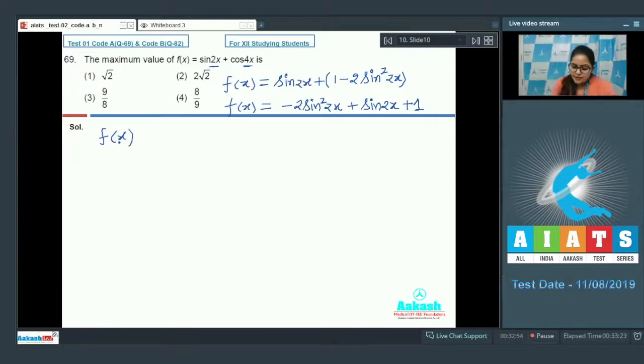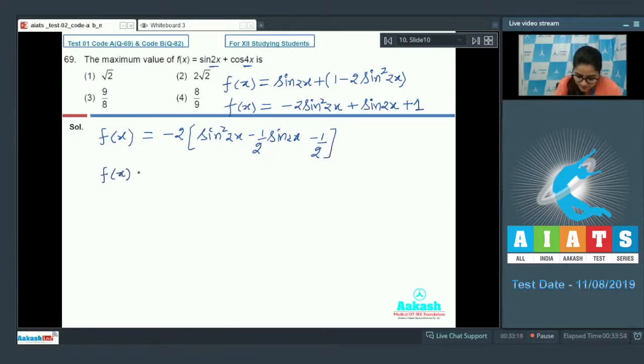Now convert your function into a perfect square. So just take common minus 2, sin square 2x minus 1 by 2 sin 2x minus 1 by 2. Now see, sin 2x minus 1 by 4 square minus 1 by 2 minus 1 by 16.